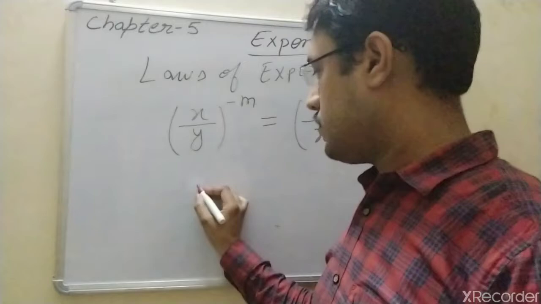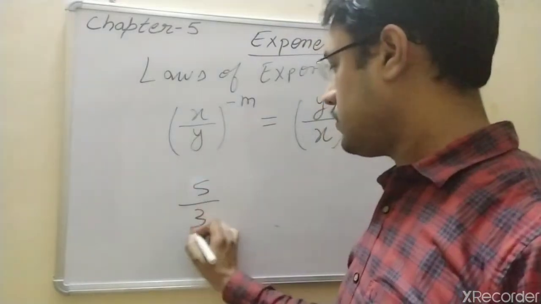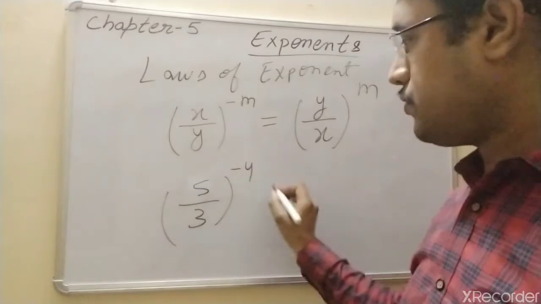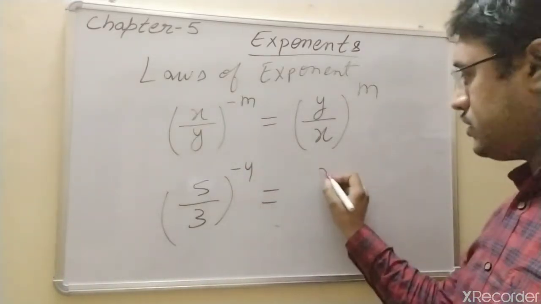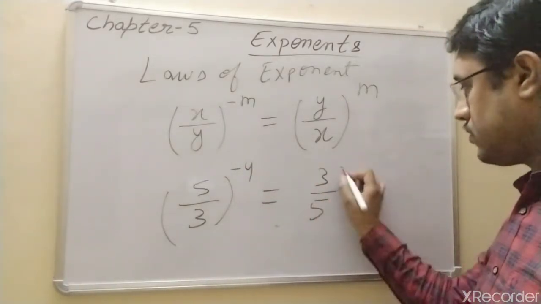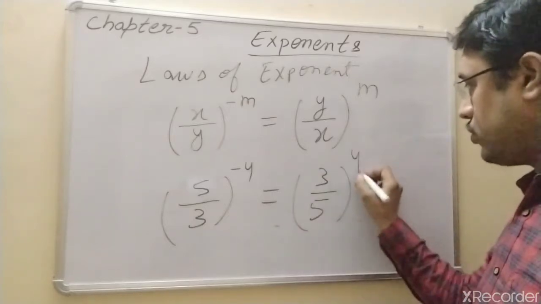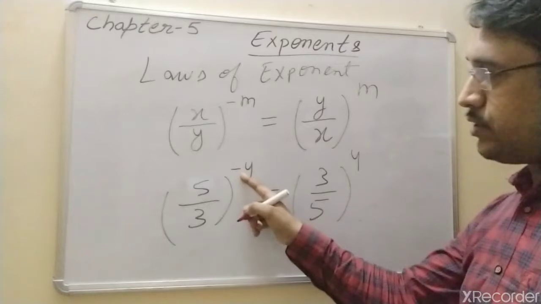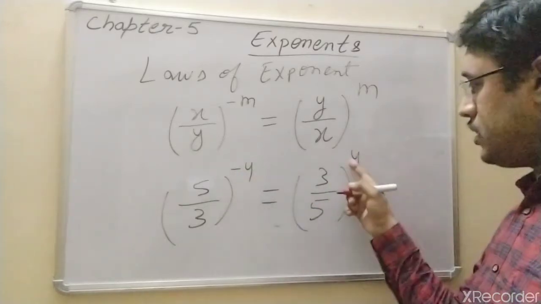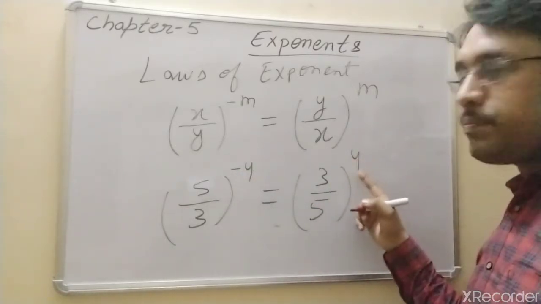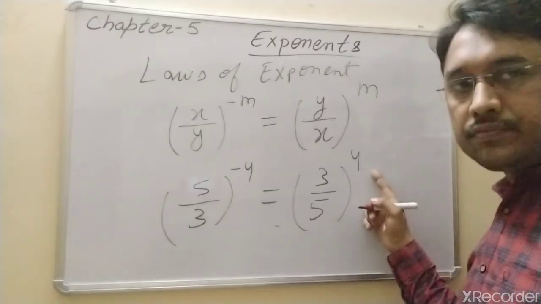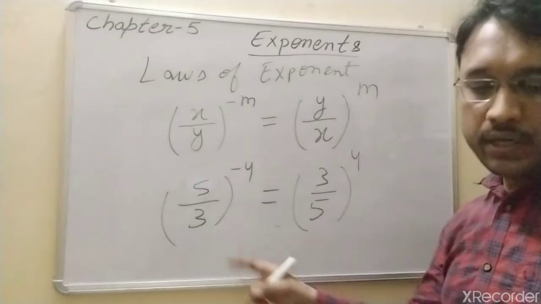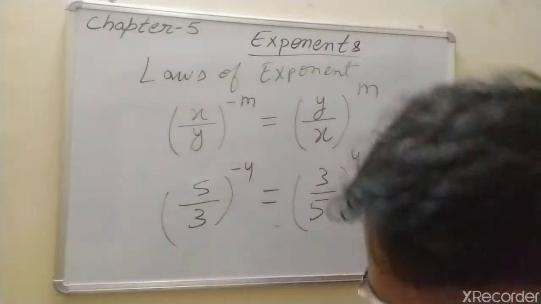Example: 5 by 3 to the power minus 4, you can write it as 3 by 5 to the power 4. That means 5 by 3 has a negative power, you change the sign, you make the power positive, then you take the reciprocal of the base. Okay, so note this down.